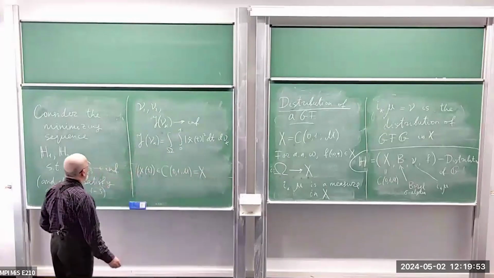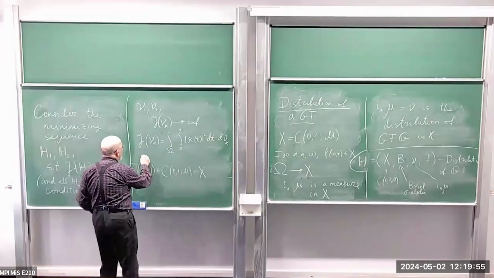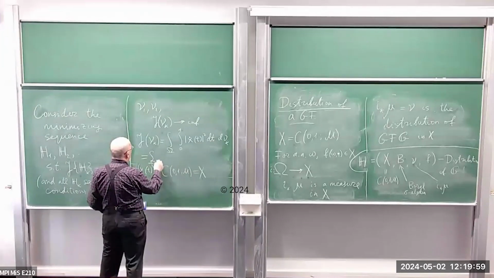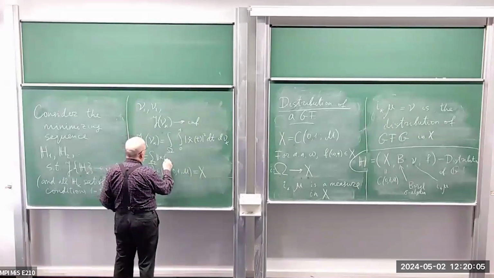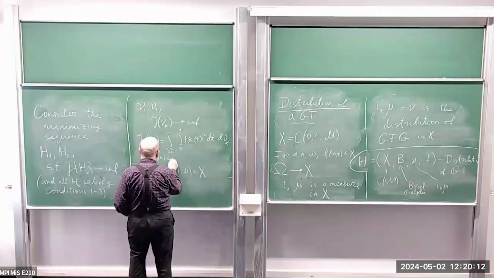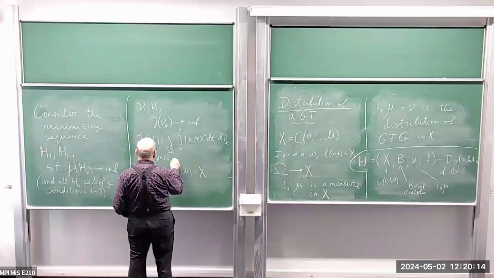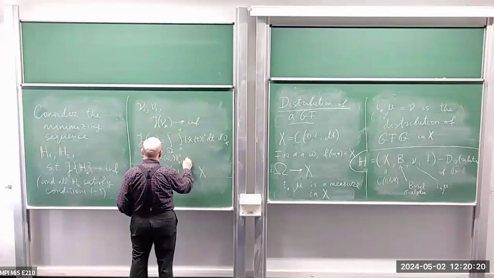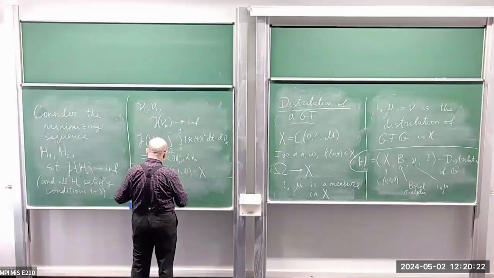So this is our functional, which is nothing but the integral over omega of the norm of x of omega in H1 squared, d nu.